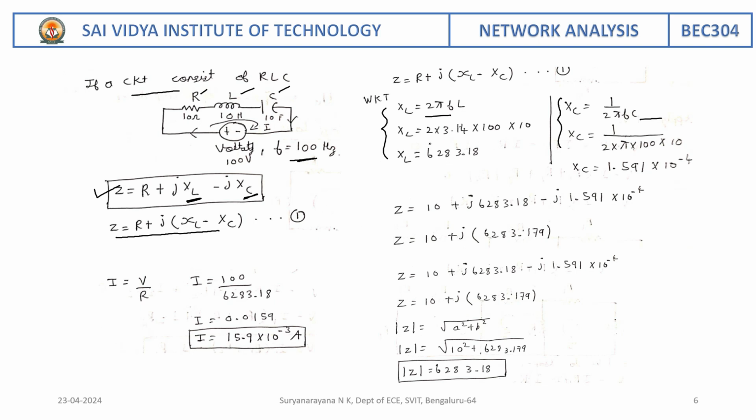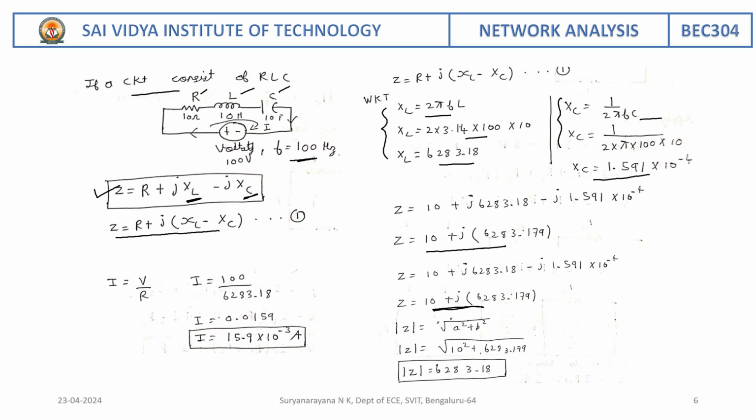So on substituting the value of L and the frequency, we are going to get the inductive reactance and capacitive reactance as shown. So what is the total impedance? Total impedance is 10 plus J 6283.179.